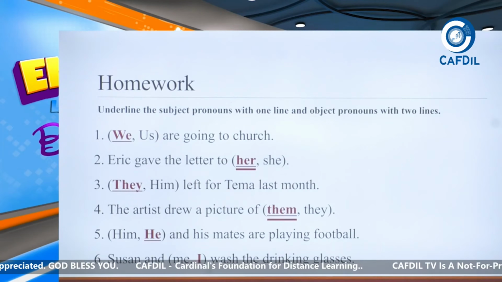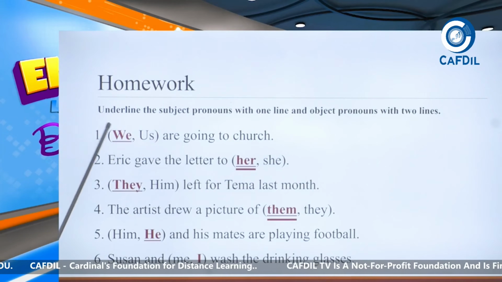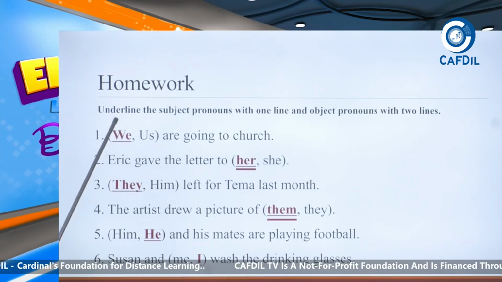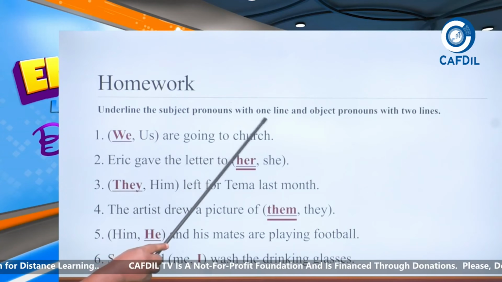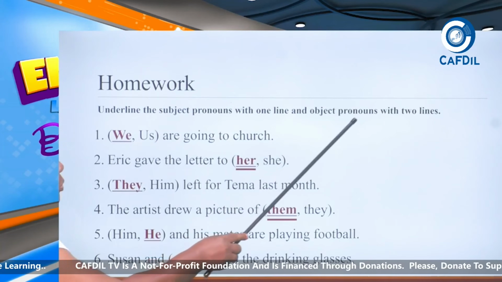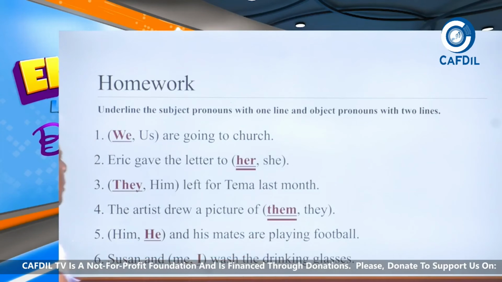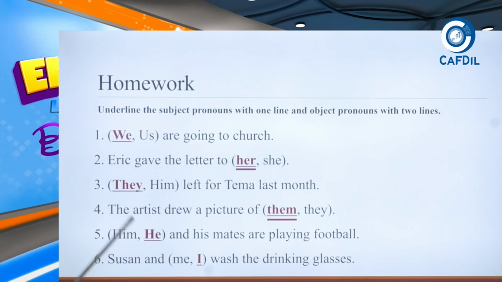The last time, after our lesson, you were given homework, and the instruction was to underline the subject pronoun with one line and object pronouns with two lines. So let's mark it and see how well you were able to do.